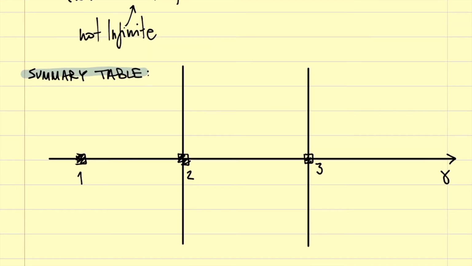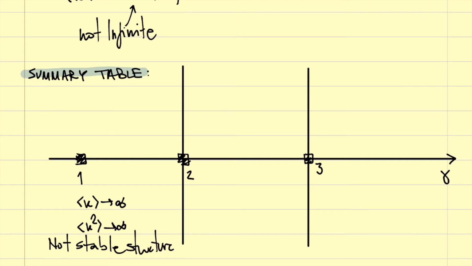Here, as we said, smaller than 2, k diverges, so tends to infinite. k squared tends to infinite. So not stable structure. The network cannot exist for long.